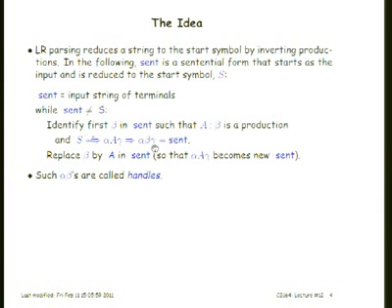We look to see, is there something in the sentence that we can replace, in other words, does the sentence have a form like this, where we can replace the beta symbol with A, and thus work our way backwards toward S. Every time we find the right place in the sentential form we're working on at the moment to apply one of these backwards productions, we call that a handle.